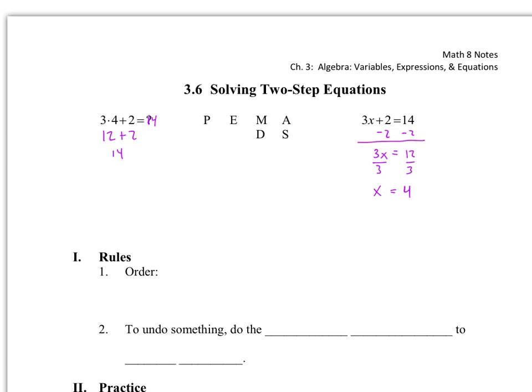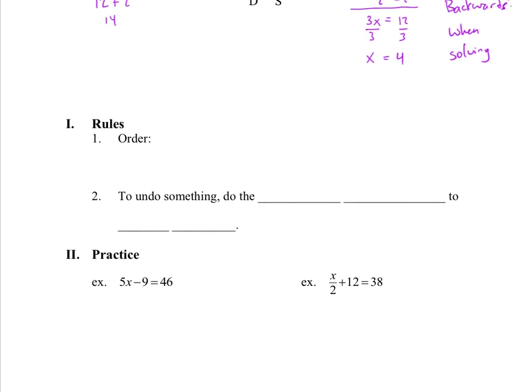So this is like the order backwards when solving. Is that clear? Okay. So we're going to rewrite a little bit what we just wrote there in a more formal way here.